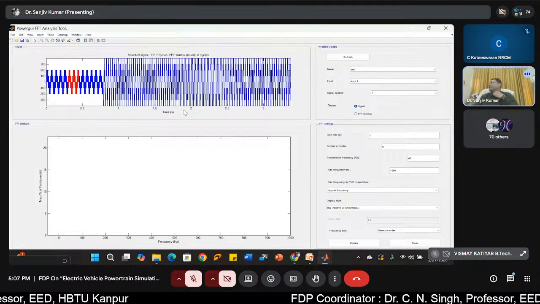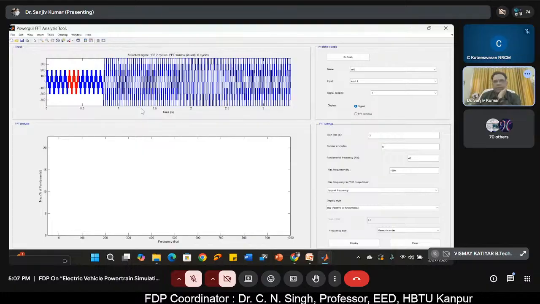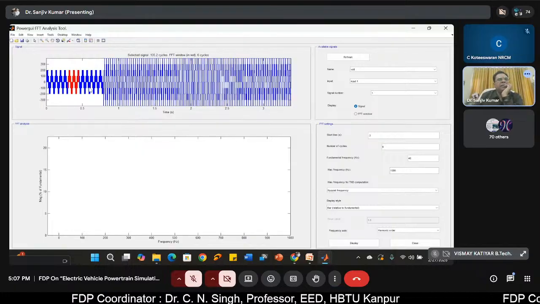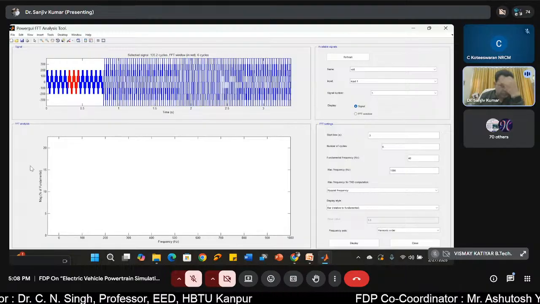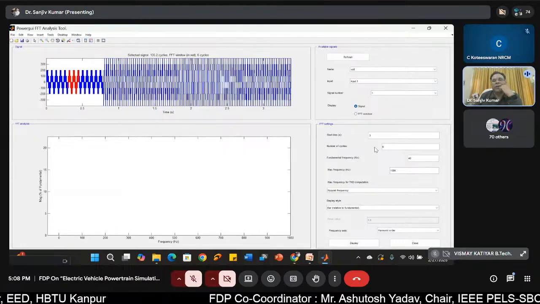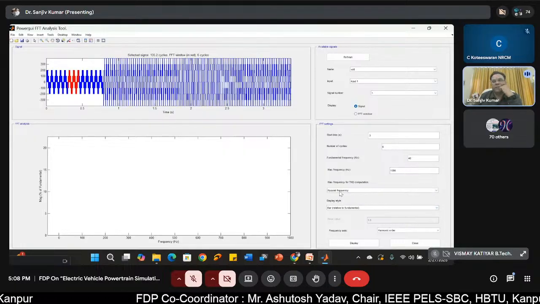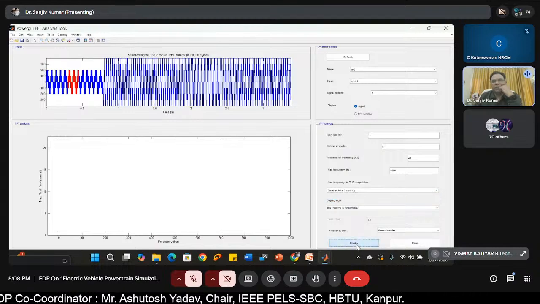Now I hope my screen is visible. A new screen pops up, and you can see the voltage signals are there, right? FFT analysis has not been done so far. So for that, just make it the same as maximum frequency. Now just plus display.